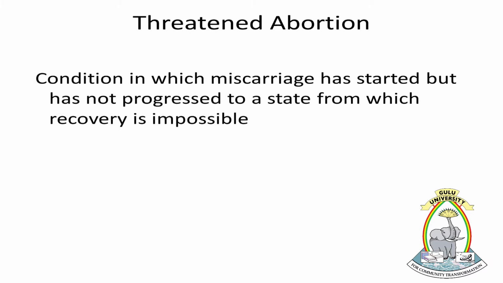Let's look at the specific types of abortion. We have threatened abortion. In this, the abortion has started but has not progressed to a state in which recovery is impossible. So you have a situation where someone is about to lose their pregnancy, but has not yet lost it.